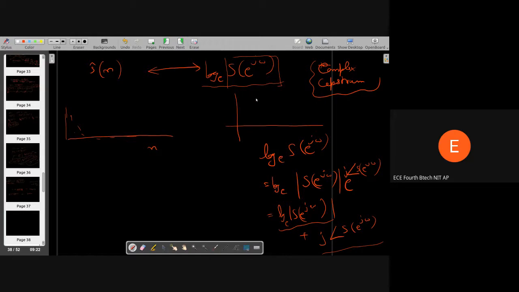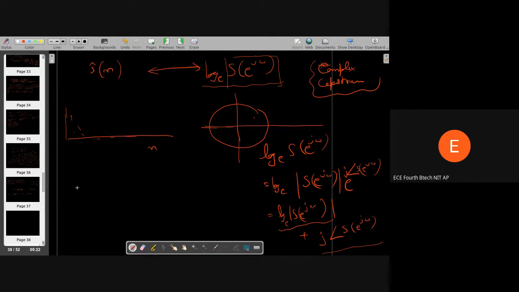You can plot it if you want, in a polar plot, where for every value of omega you will get some value. Otherwise you will need omega on one axis, and it will be a three-dimensional plot. In polar form you can use a polar plot, but that's not very important. So you will get a complex number for a complex cepstrum.